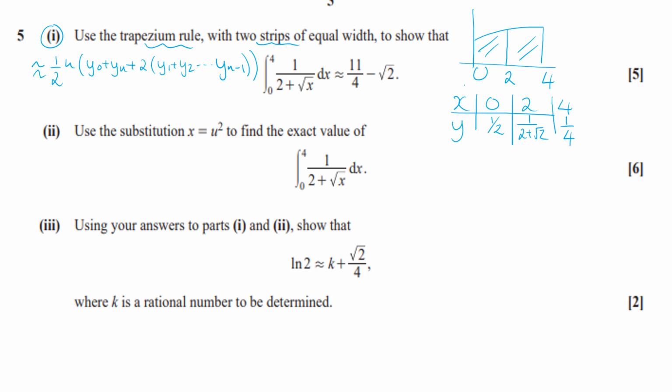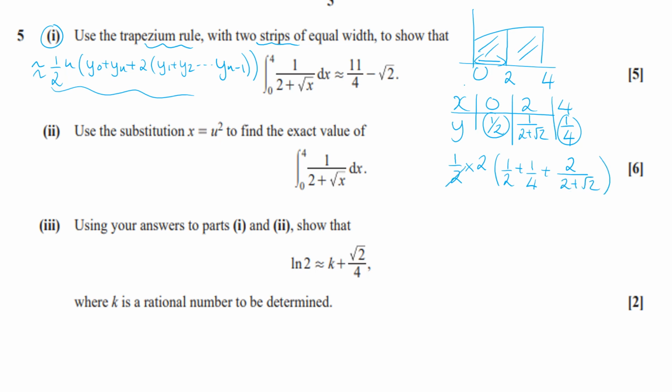So feeding them into the trapezium rule here, you've got half of, now h is just how wide the trapeziums are, so that's the distance along the x-axis, which is 2, times y0, which is a half, plus yn, the one at the end, a quarter, plus twice the one in between, there's only one, so that's 2 plus root 2.